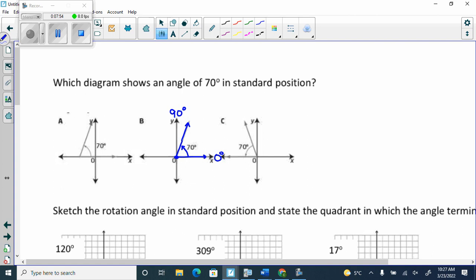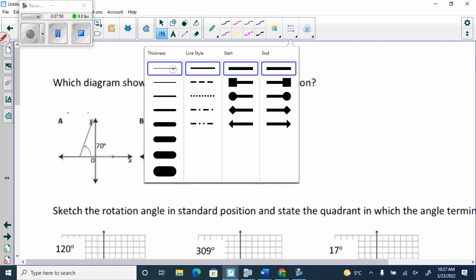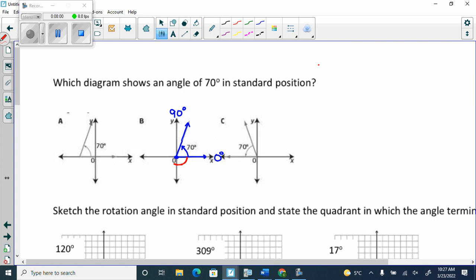And the reason why is, I'll show you this. If I went this way, which we're doing a lot of next year, if I actually had the arm this way, this would be 0, this would be negative 90, this would be negative 180, this would be negative 270, this would be negative 360. What would this negative angle be? Anyone have any idea? If I went this way? It's more than 270. How many more than 270? 20 more.